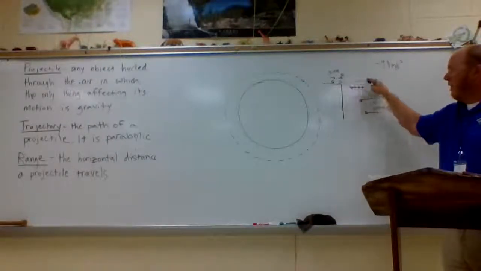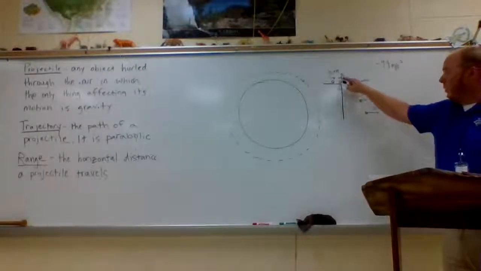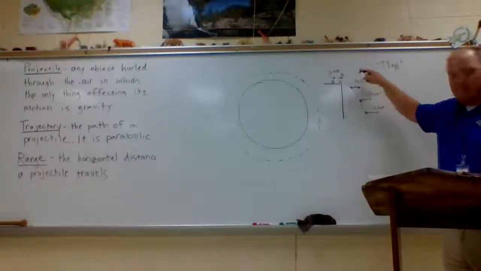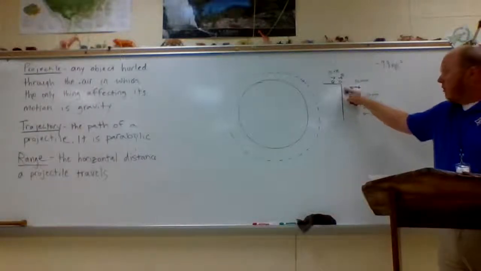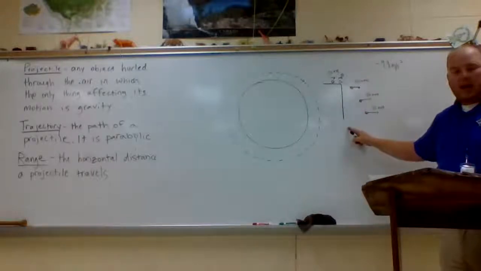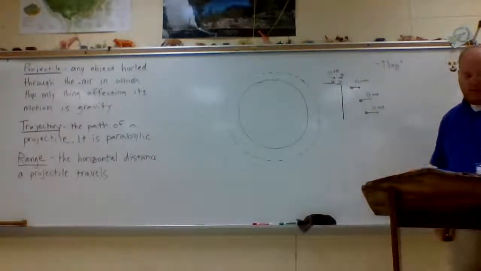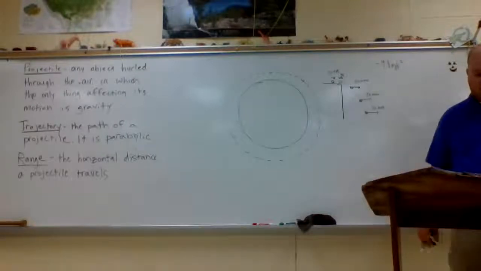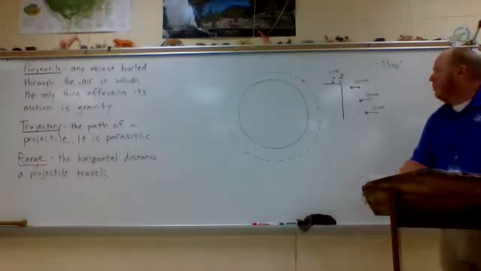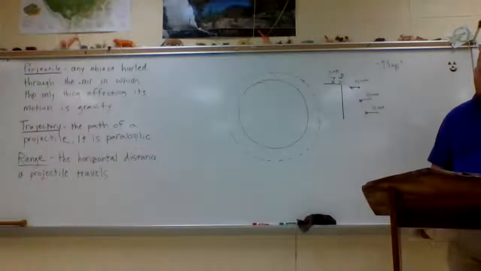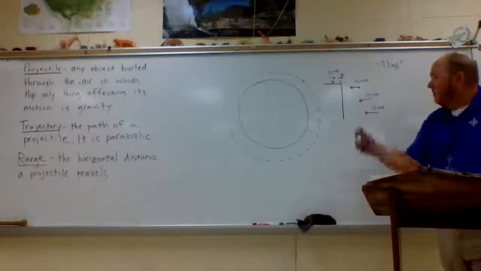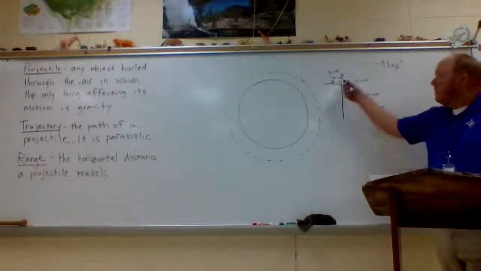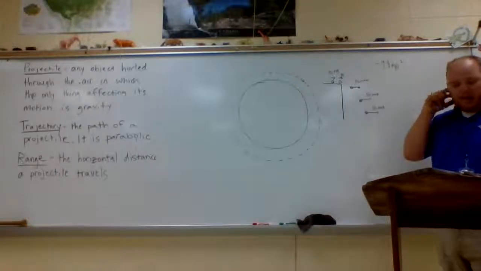So whatever we're doing here doesn't matter. We could be going 50 miles an hour, we could be going 1 billion miles per hour, we could be going 0 miles per hour, and you treat this as the same. When you combine the two motions, the trajectory, the path that it takes, is going to be a parabola, or in this case, half a parabola, but it's still a parabolic path.